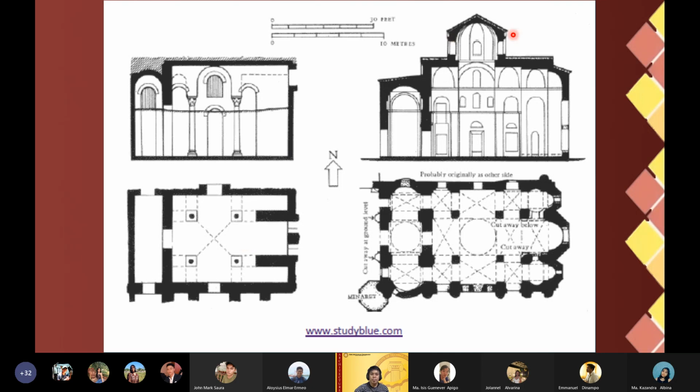And you have to include the elevation section. So in the section, you have to include also the parts. So asa ang lantern, asa ang dome, asa ang pendentive, and so on and so forth. Asa ang mga columns, piers, capitals, samples of mga murals, asa nila gipang butang, mga ornaments, and so on and so forth.